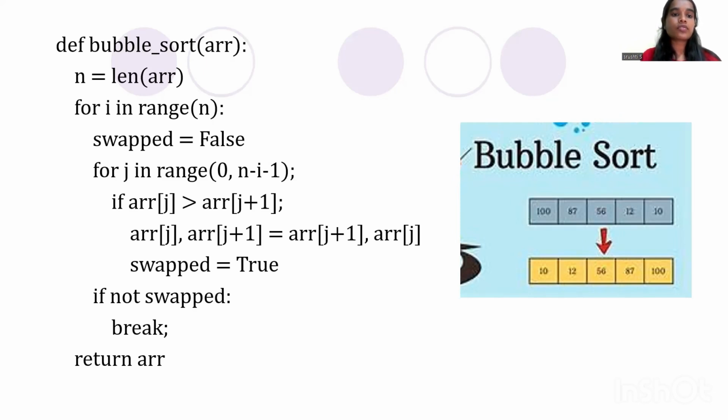For i in range(n), swapped = False. Then for j in range(0, n - i - 1), we use an if condition: if array[j] > array[j + 1], then array[j], array[j + 1] = array[j + 1], array[j]. When it gets swapped, we set the result as true. If it is not swapped, then a break statement occurs and it returns the array.